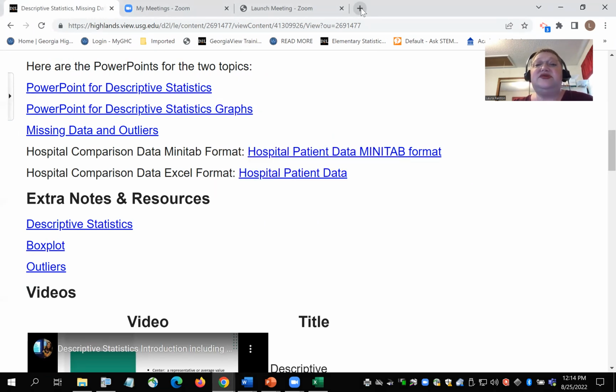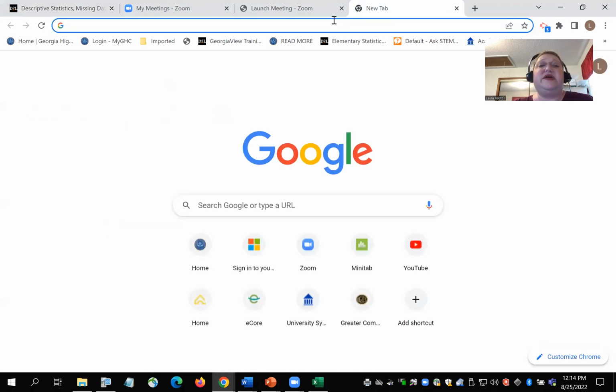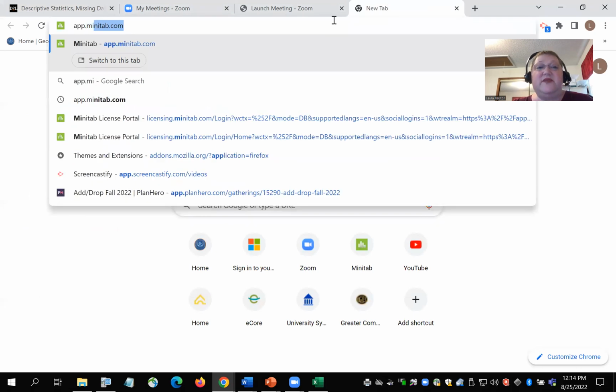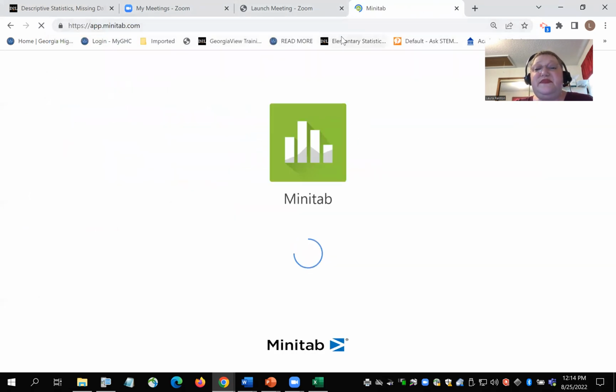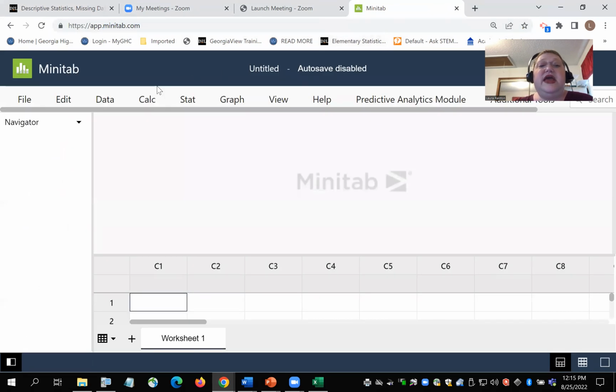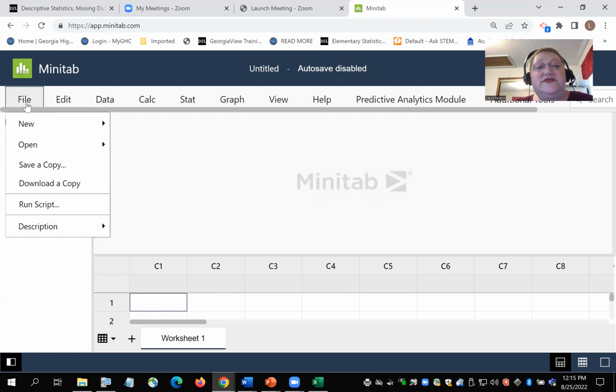I'm going to go out to MINITAB, and I'll have to get MINITAB pulled back up again, at app.minitab.com. Then I'm going to pull that file in. I didn't try to open it, because I know there's going to be an error. I'm going to go out to MINITAB and go to File.